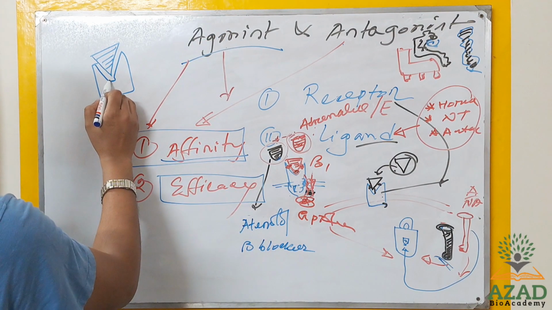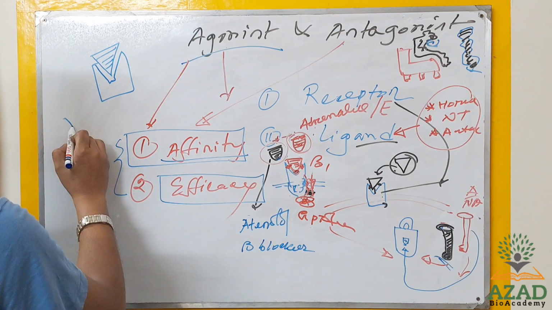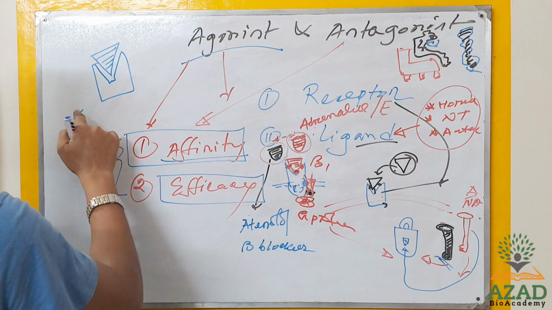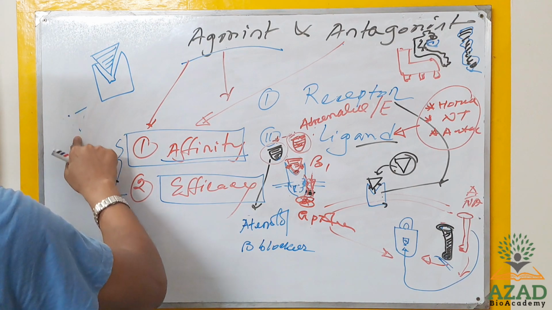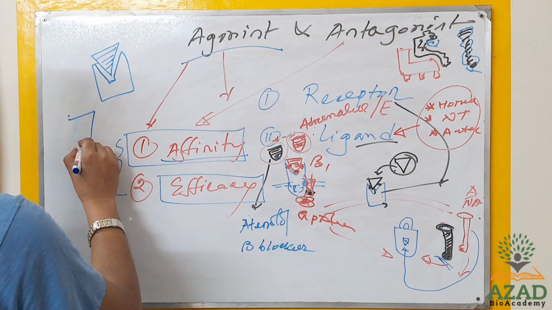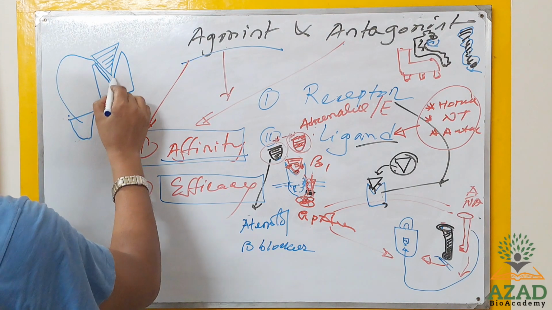Here are some points. So your agonist structure should be like that. That means it will easily fit properly with the receptor.